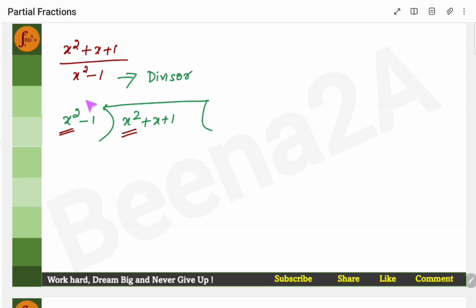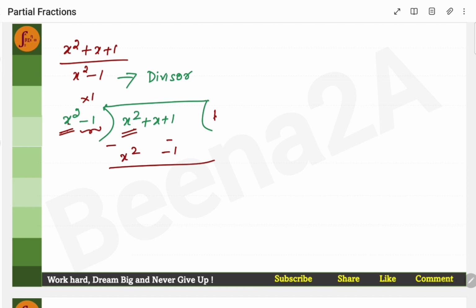Now if I multiply x square with 1, I'll get x square, correct? So I'll put 1 here. X square into 1 is x square, and then I have to multiply the remaining terms with 1. So 1 into minus 1 is minus 1. And we subtract the entire expression.